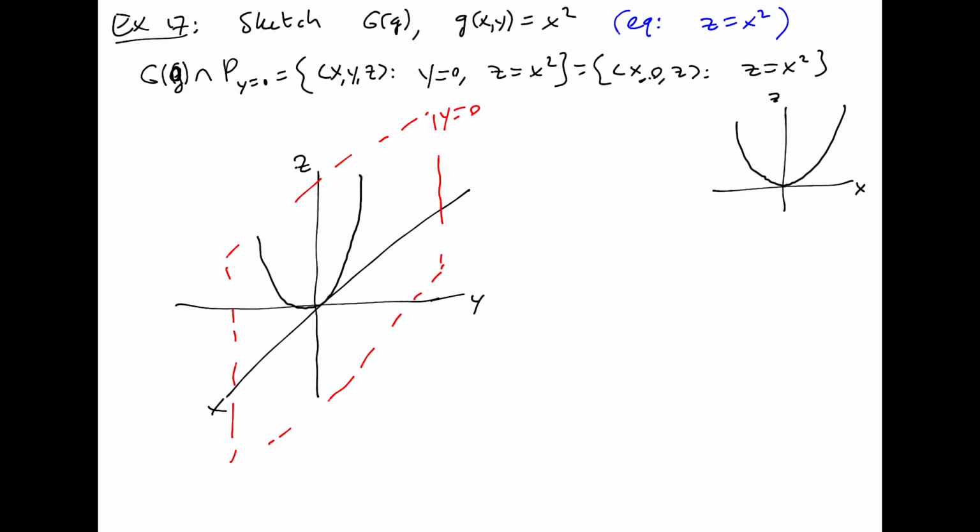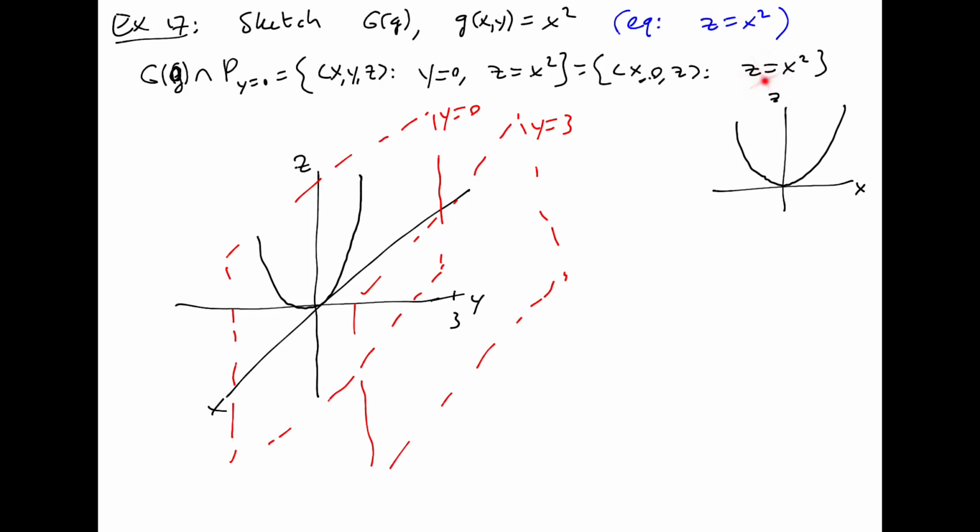Okay. Now note what happens if I look at a plane that's parallel to this. What happens if I look at a plane where y equals, say, 3? Well, then I'm in this plane, y equals 3. But now if I compute the intersection, my defining equation does not change because there's no y in there.